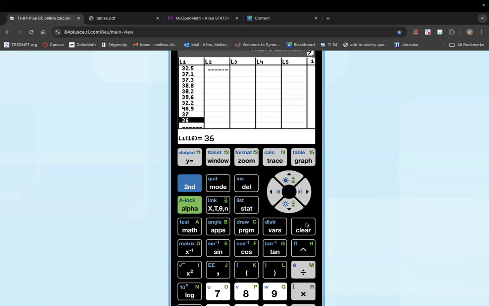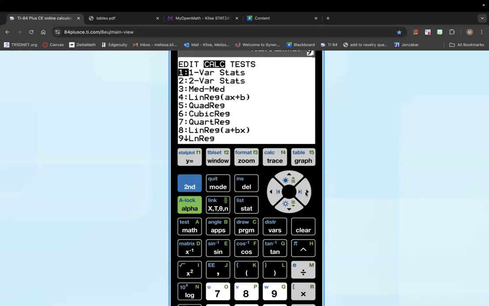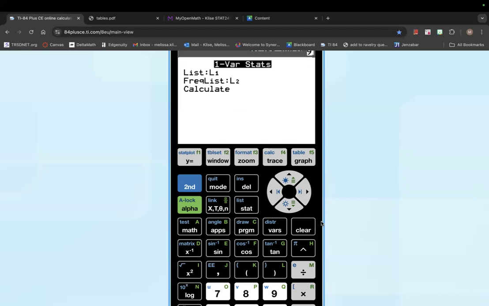Did it look correct? So I'm just going to do one variable statistics, just one bar stats. We've been doing this for a while. Hopefully this is like second nature for you now.